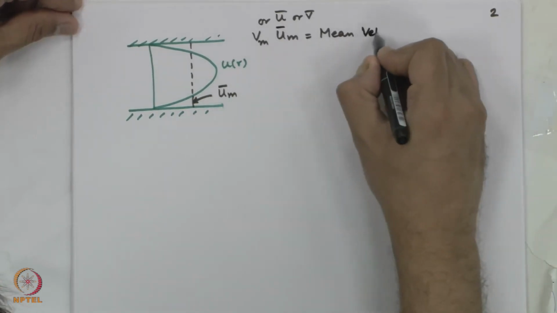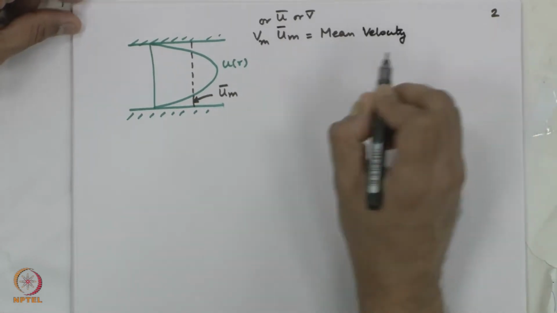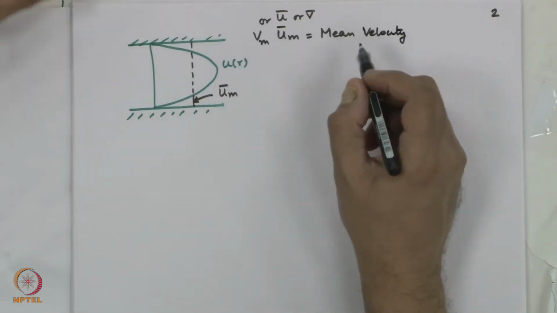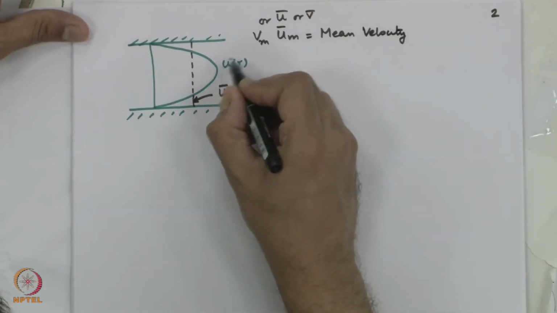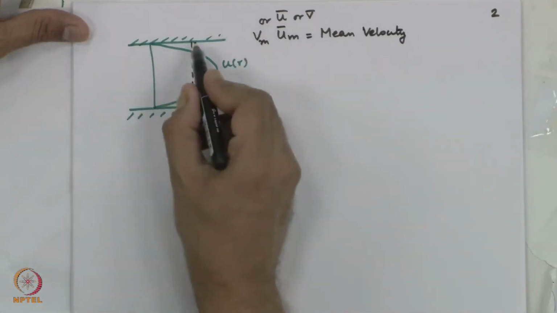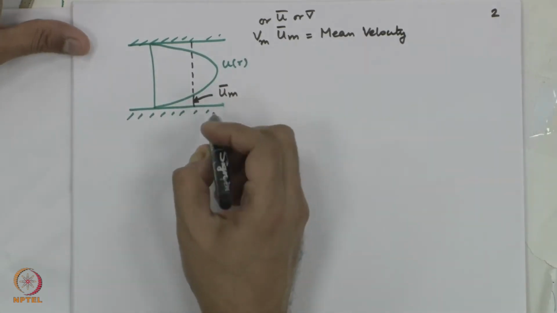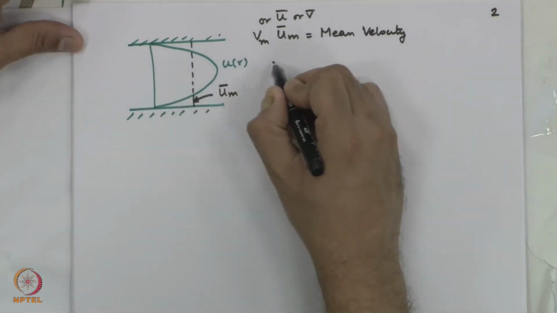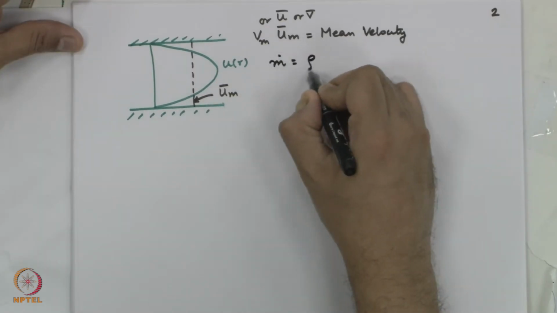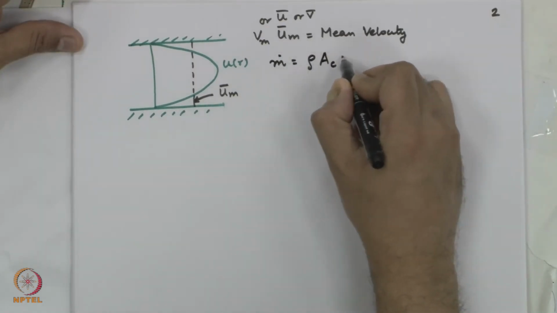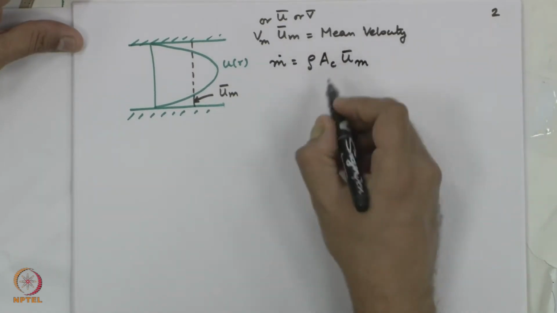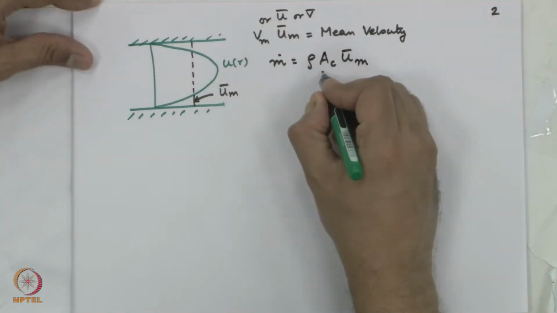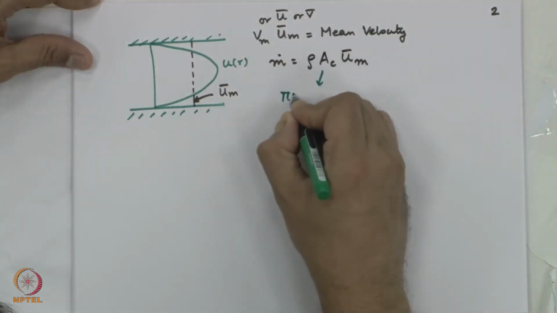So, mean velocity is nothing but applying conservation of mass for this velocity profile and conservation of mass for this constant velocity distribution. When the velocity is constant, mass flow rate is rho times cross sectional area times u m bar. This cross sectional area for a pipe is pi r squared.